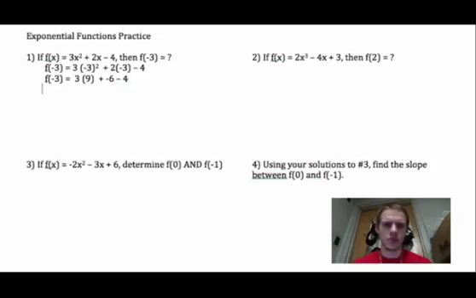Alright, just a couple more steps. 3 times 9 gives you 27. Plus negative 6 minus 4.